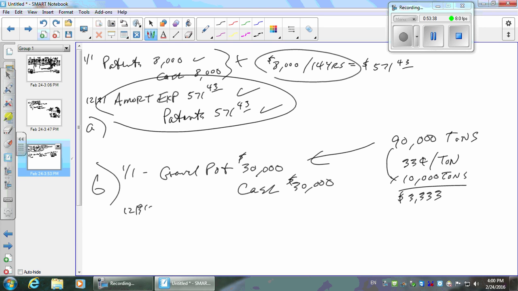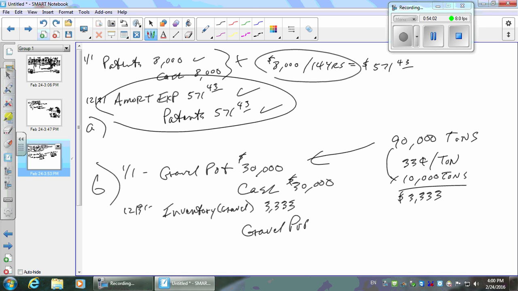All right, and what we're going to do is debit what? Well, this is kind of an interesting one. If I am keeping the gravel, it'd be an inventory of gravel. Does that make sense? I have it in a big pile, I'm going to sell it later. And that would be for $3,333 and credit gravel pit.